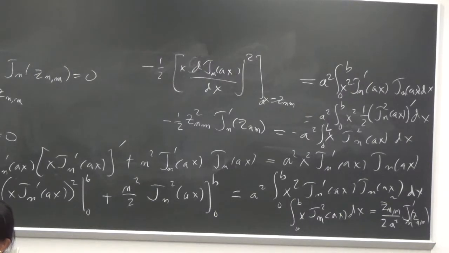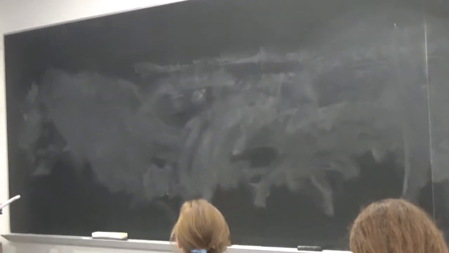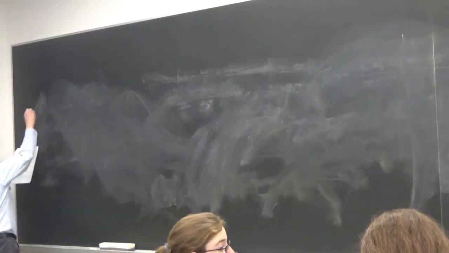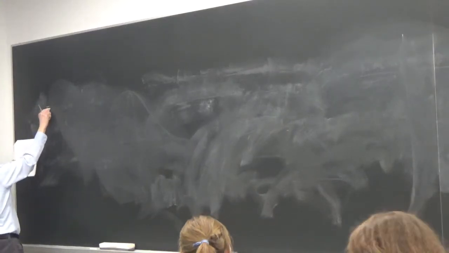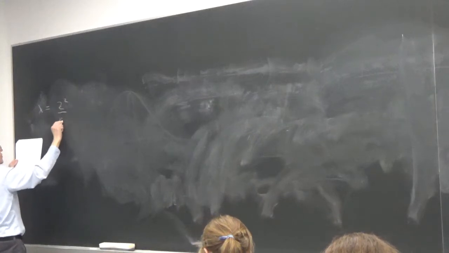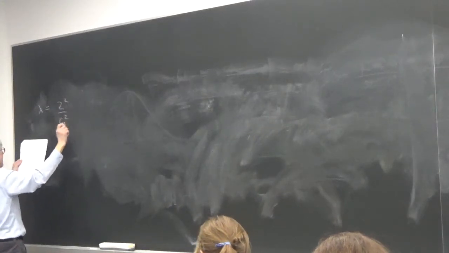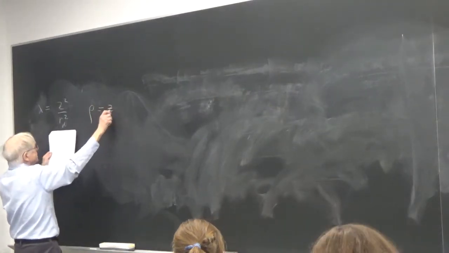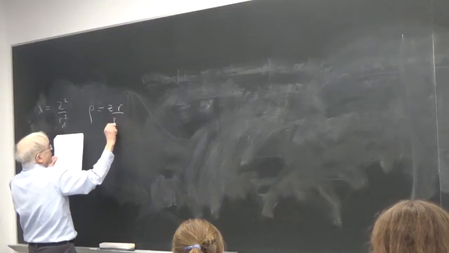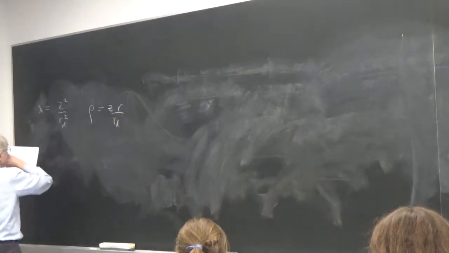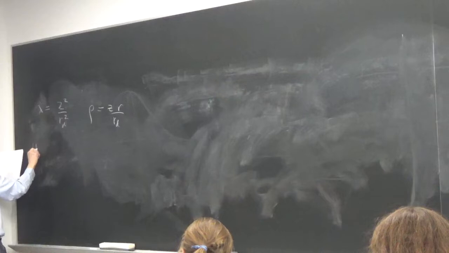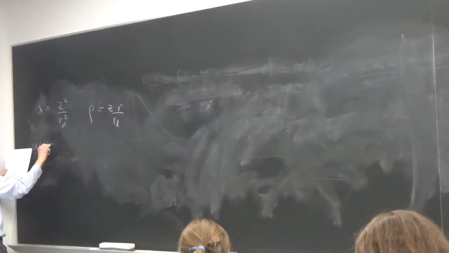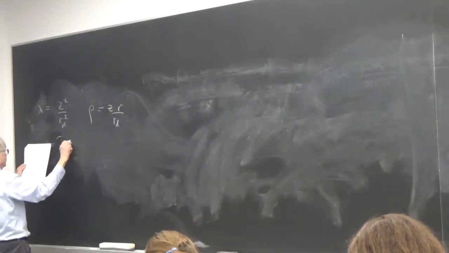So we might look at 14 if you want me to do it. So 14 says lambda equal to z squared over r sub d squared. I'm going to set rho equal to z r over r sub d. And we're going to set u of r equal to Jn of rho.